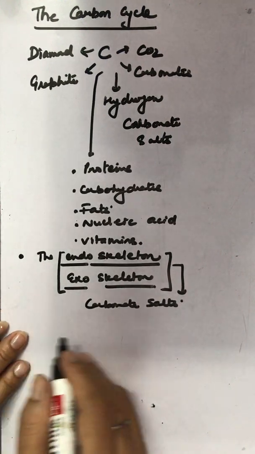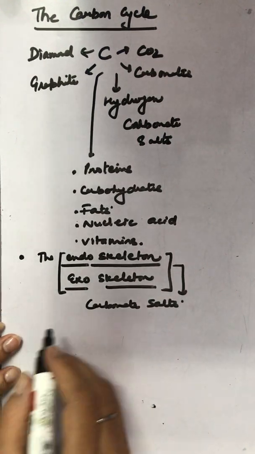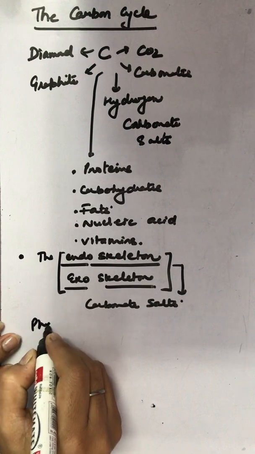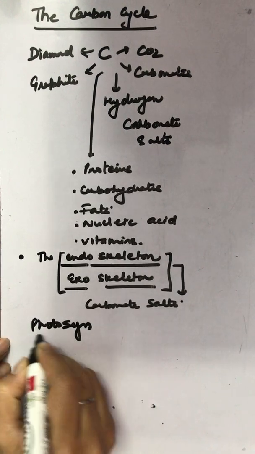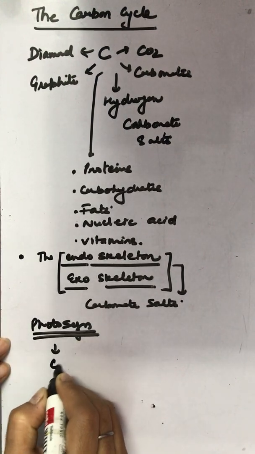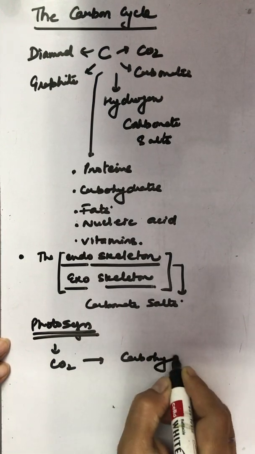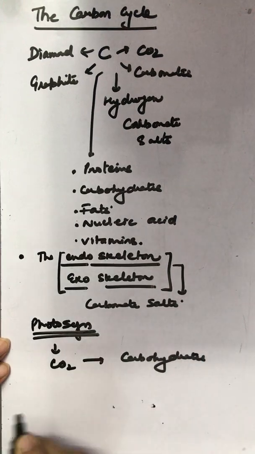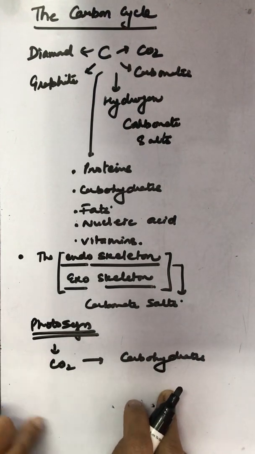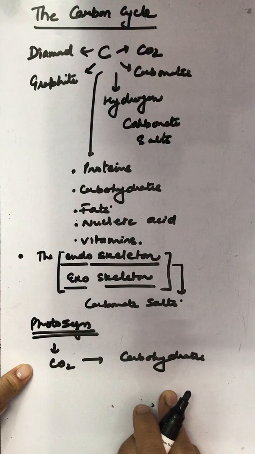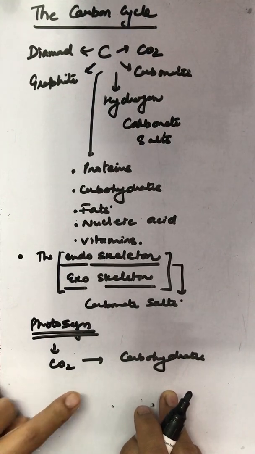It is incorporated into the life forms through the basic process of photosynthesis. We know photosynthesis? It is a process by which carbon dioxide is fixed to form carbohydrates. This process takes place in the presence of sunlight, and chlorophyll is required, we know.